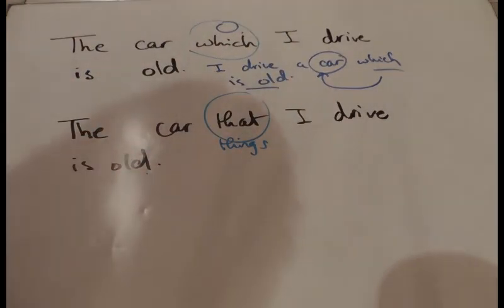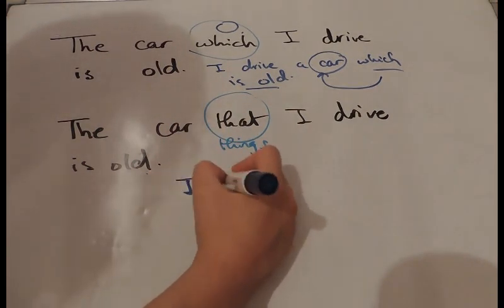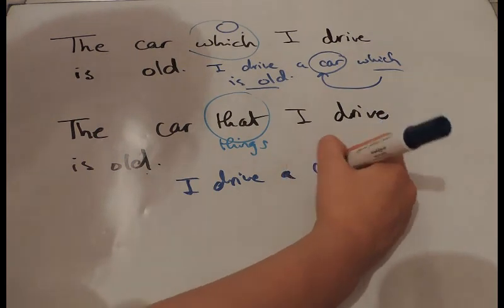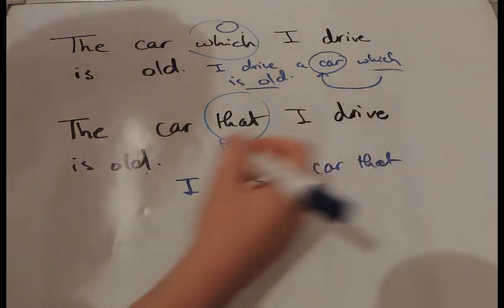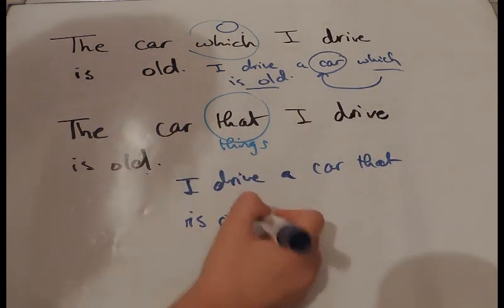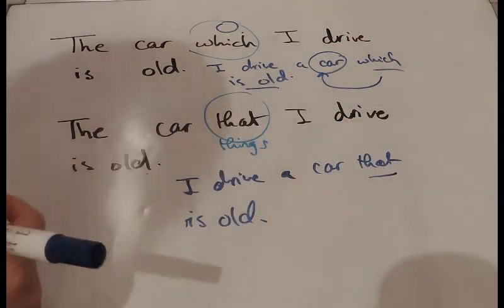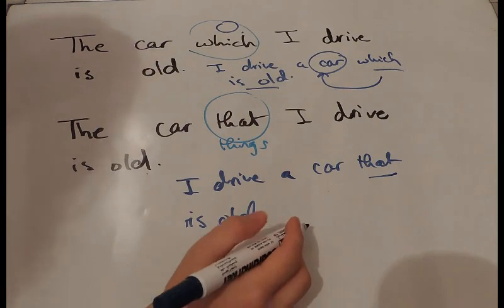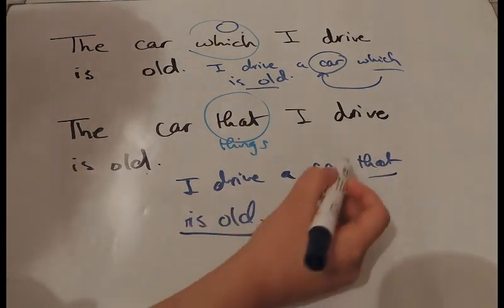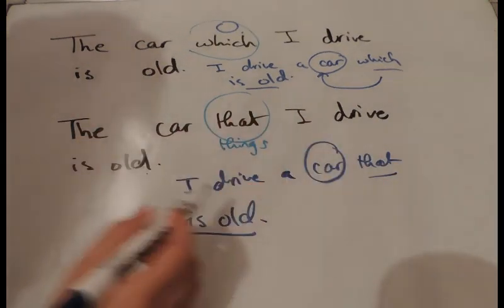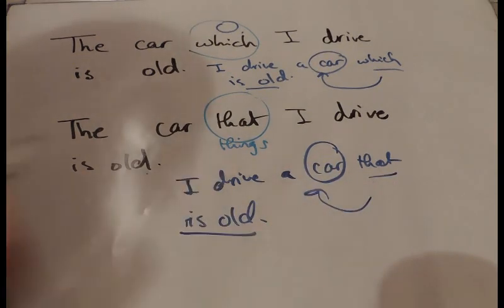Alright, number 2. The car that I drive is old. I drive a car that is old. I didn't do anything. I just replaced which with that. And again, I want to say that my noun here is car, and I am relating that is old to car.